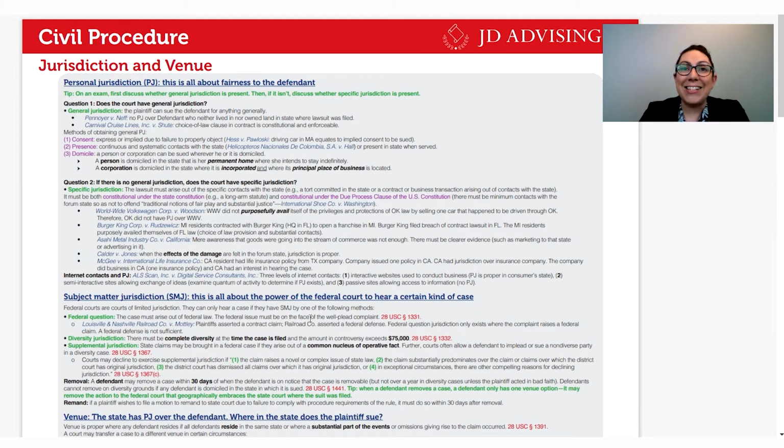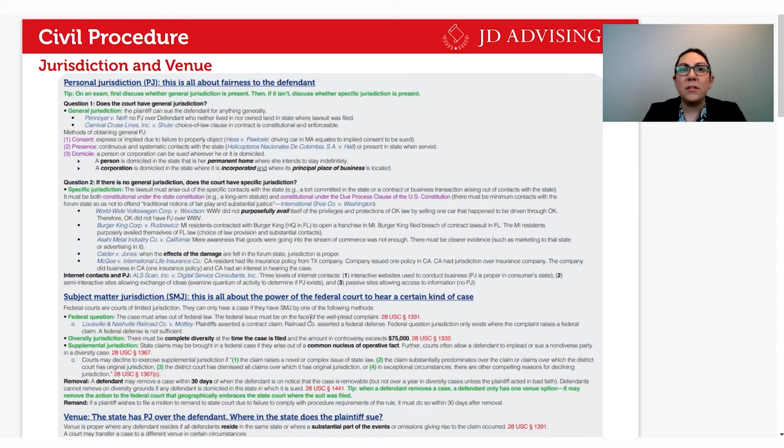So in that instance, contrast that with the Volkswagen case. In the Burger King instance, the man knew exactly what he was doing. He knew he was going into business with a Florida corporation. And so when the contract was breached and Florida brought a lawsuit against him in Florida, he had purposely availed himself of the benefits and protections of Florida.